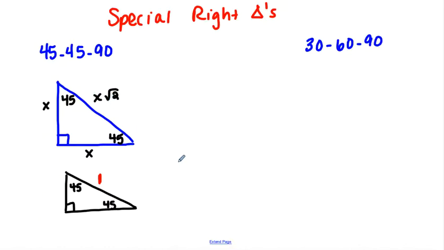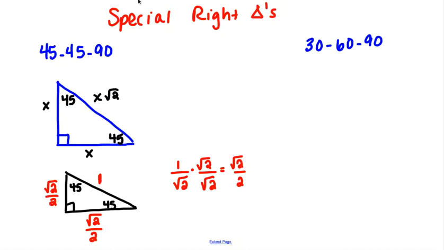So I take 1 and divide by root 2, then rationalize the denominator, which gives me root 2 over 2. So each side length, if the hypotenuse was 1, would be root 2 over 2.